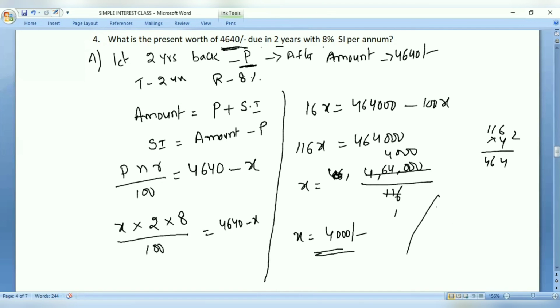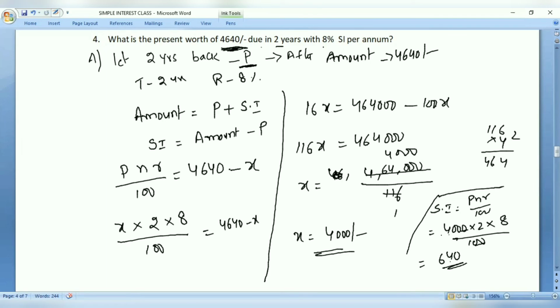Now, just to cross check ourselves, let us use the formula simple interest is equal to PNR by 100. If principal is 4,000 rupees, time period is 2 years, rate of interest is 8%, then what will be the amount that you receive? Two zeros cancel. 4 2s are 8, 80 into 8, that is 640 rupees. So this 640, if you add 4,000, the amount becomes 4,640, right?